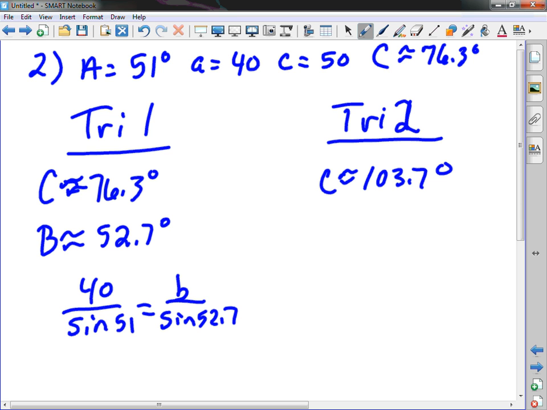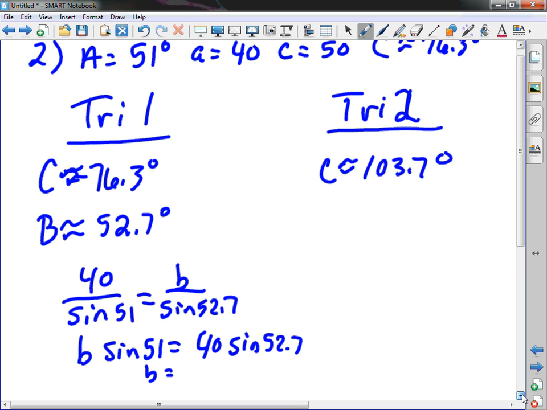Okay, cross multiply. And divide by sine of 51.